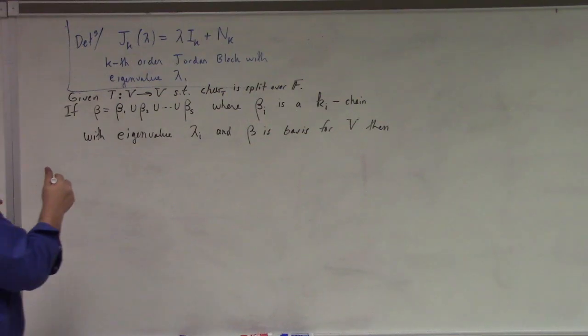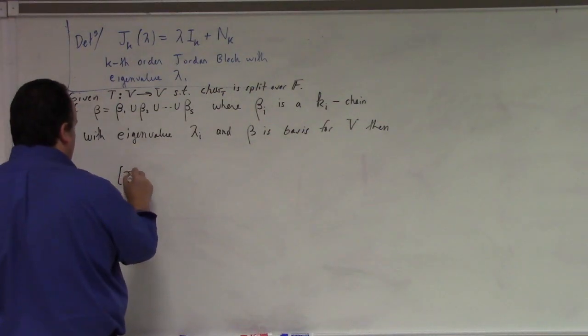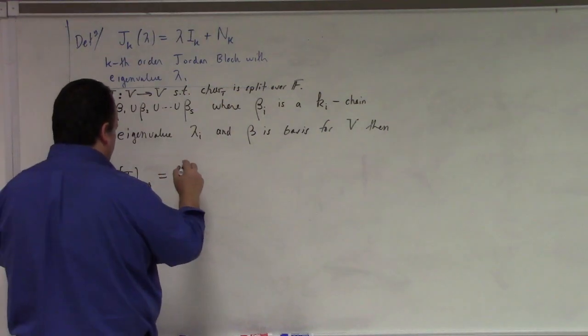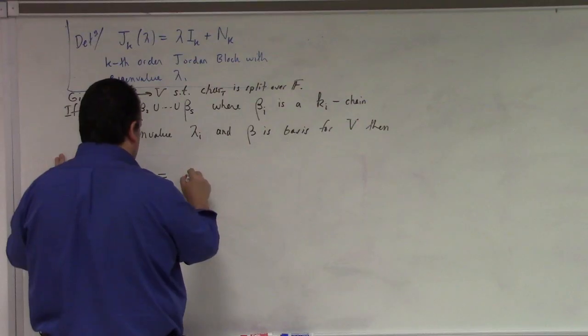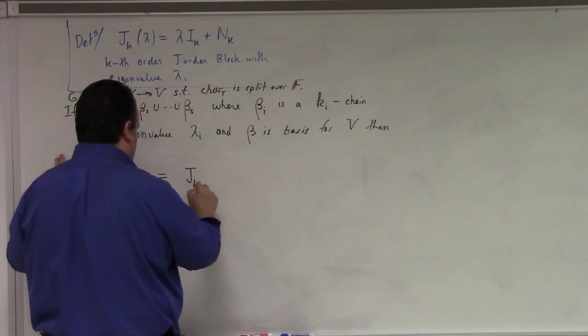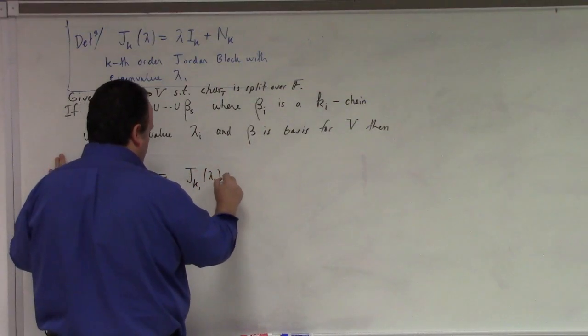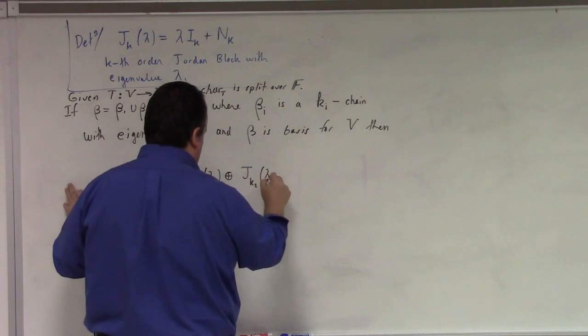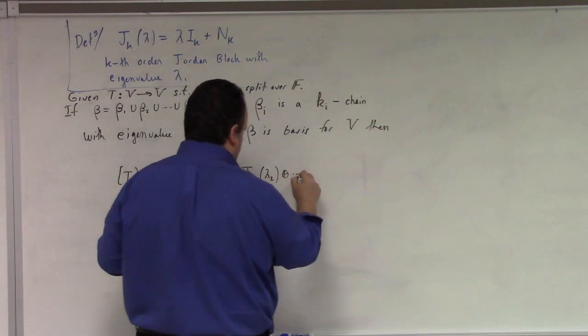then the matrix of T with respect to the beta basis is simply J sub k1 of lambda 1 direct sum J sub k2 of lambda 2 direct sum, and so on.